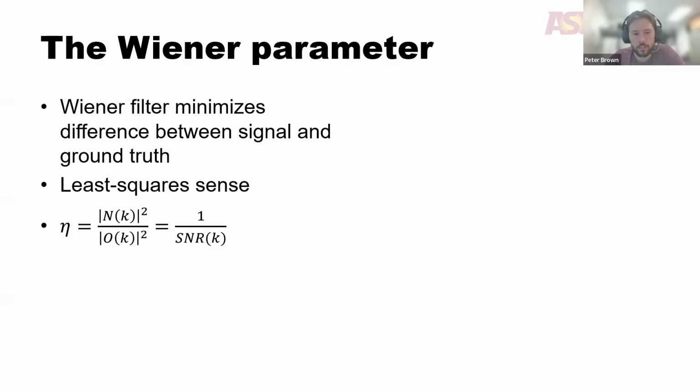So thinking back to our Wiener filter expression, where the signal to noise ratio is high, eta approaches 0, and we're simply dividing our signal by the optical transfer function.